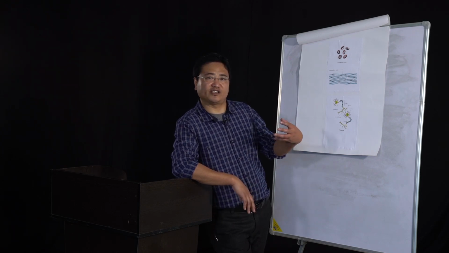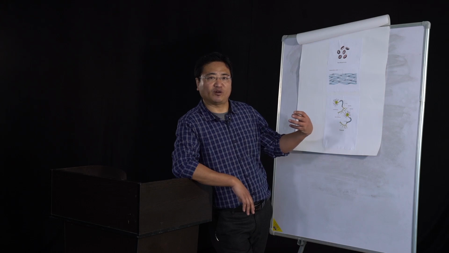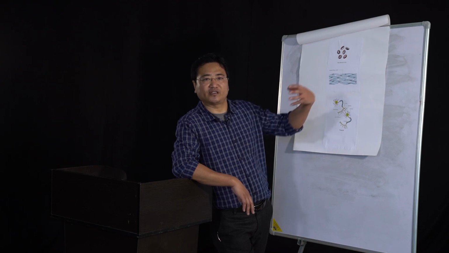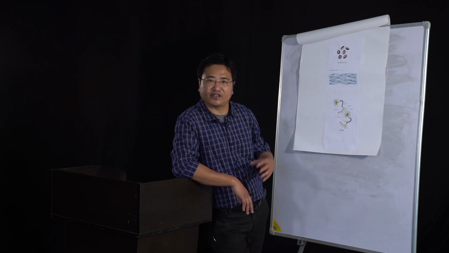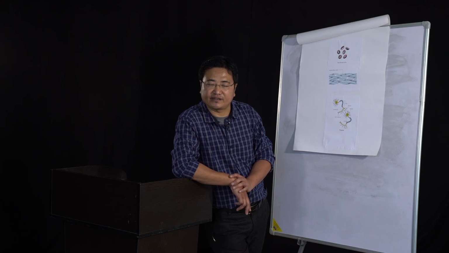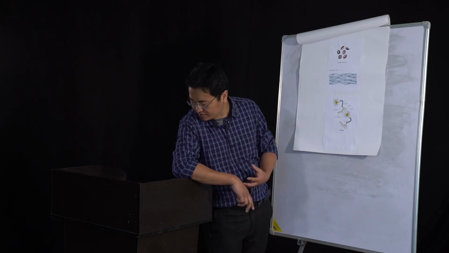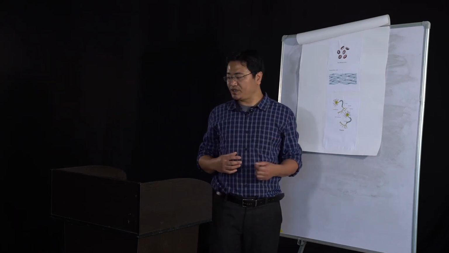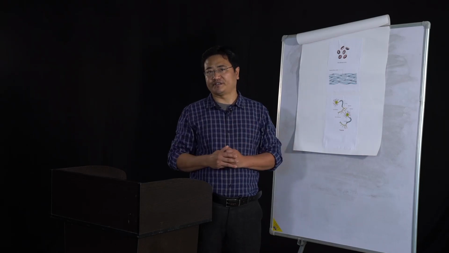It doesn't mean that the size of a cell in my body will be smaller than the size of a cell in an elephant. It doesn't mean that. But depending on its function, the sizes will be different.